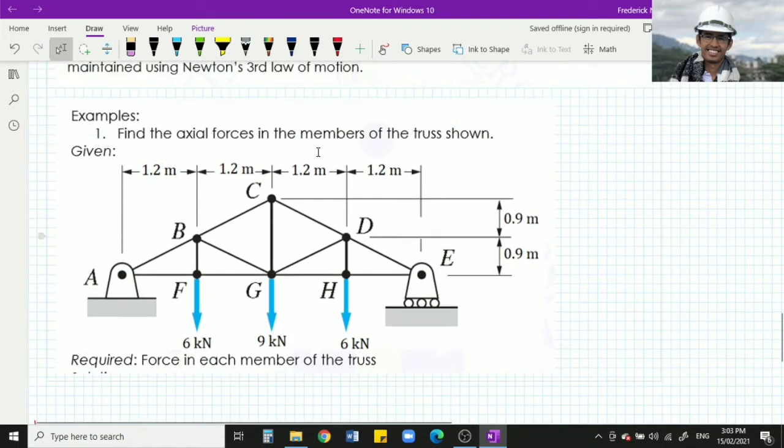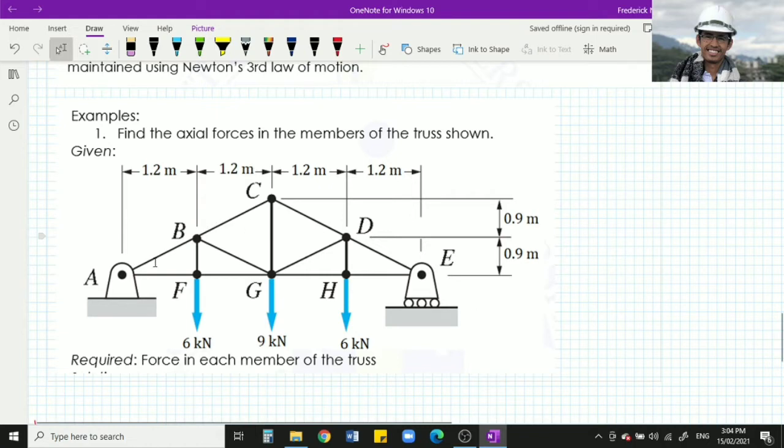trusses. So find the actual forces in the members of the truss shown. So we have a truss here. And yung first na gagawin natin is kukunin natin yung reaction niya. So meron tayong reaction sa A and meron tayong reaction sa E. Okay? And para ma-determine natin yung mga forces na nag-act sa members. So ano yung members natin? Member AB, member BC, member CD, and member DE.